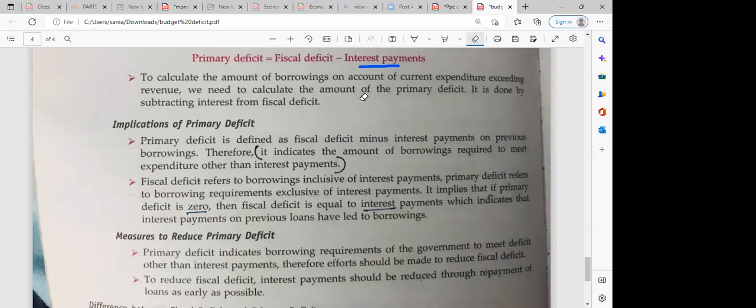Right now your primary deficit is 0, but there is still some interest payment. That means there is no fresh loan, but in order to pay your previous loan, you have to borrow money. Okay, so just write it down. The implications of primary deficit, first point, and from here it implies that if primary deficit is 0.